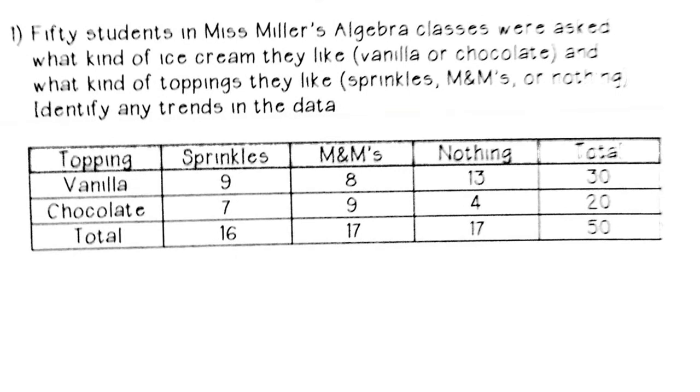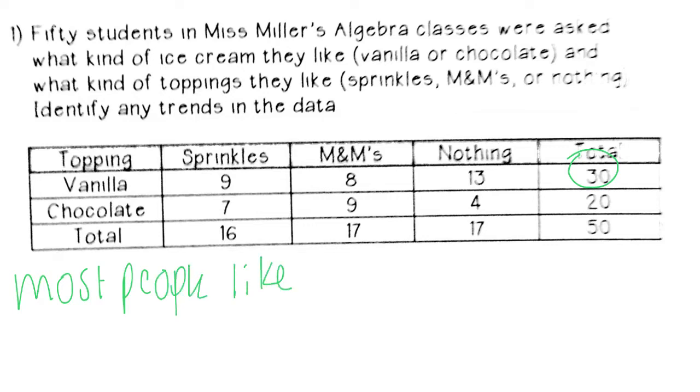So remember, we could say something like, most people like vanilla because our total here was the biggest. Or we could say that the favorite topping is tied between M&Ms and nothing.